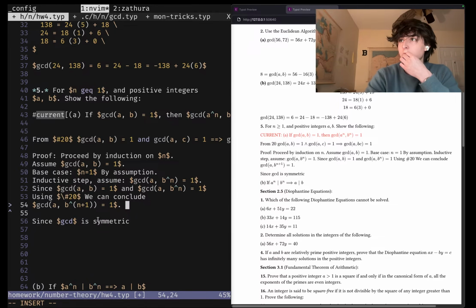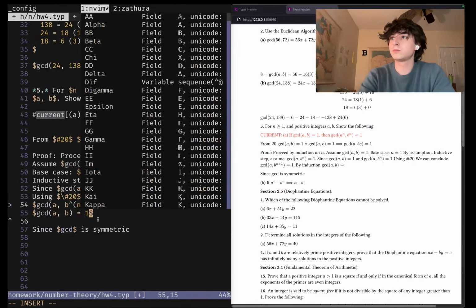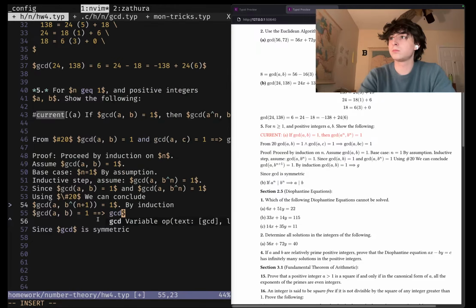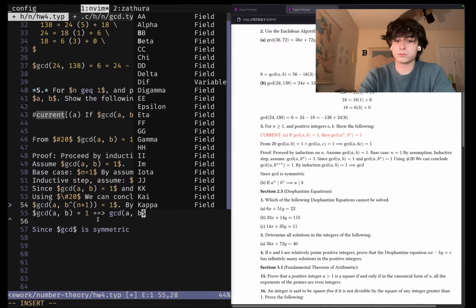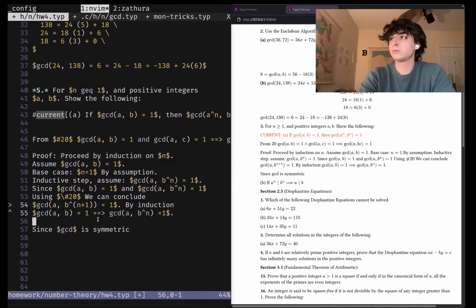So it's nice to say, once you're done with the induction, by induction we now know that the implication is true: a comma b coprime implies a comma b to the n coprime. And now we have proven this, and we apply this twice because GCD is symmetric, yada yada.